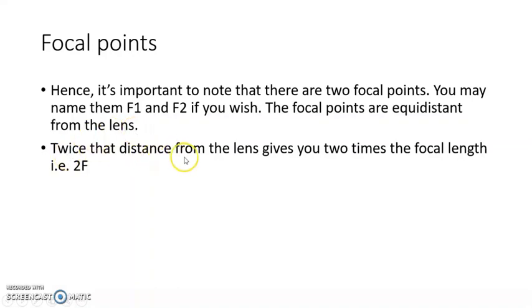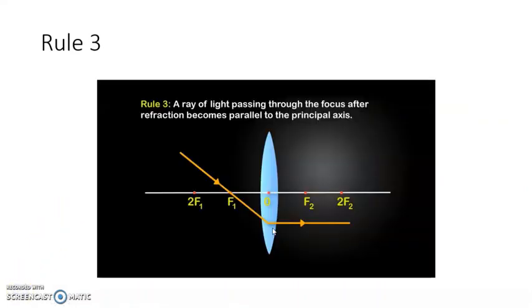And then twice that distance from the lens gives you 2 times the focal length, i.e. 2F. So if you look at this diagram, you can see F2, and then you can see F1 there. And then you can see 2 times F2 on this side and 2 times F1 on this side.